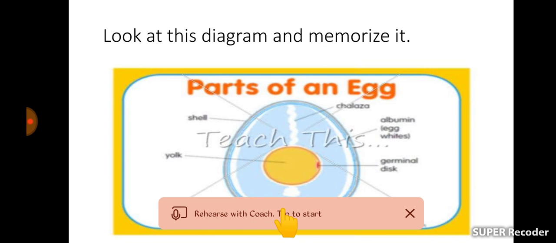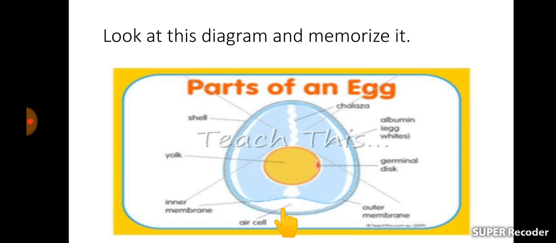Okay, so these are the parts of the egg, and in the previous lecture, if you remember, we did the structure of the egg in detail. Just look, this is an egg. We already studied that this is the yolk, and this part is the albumin.